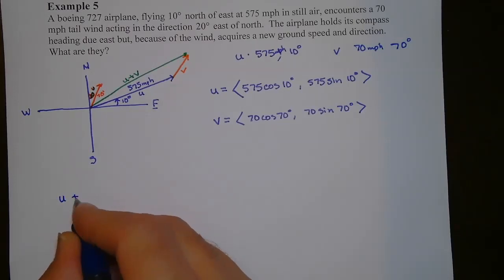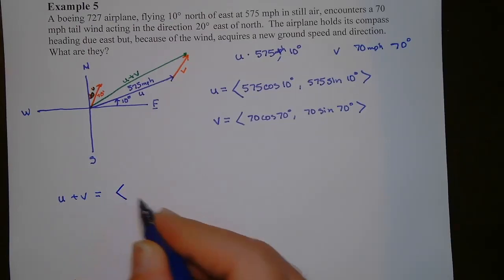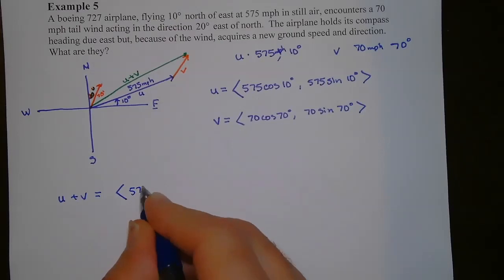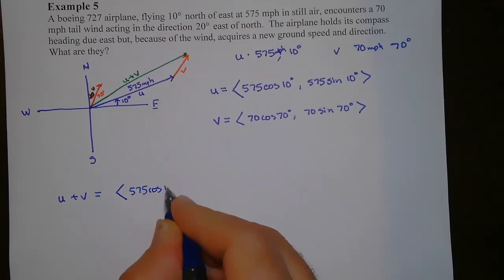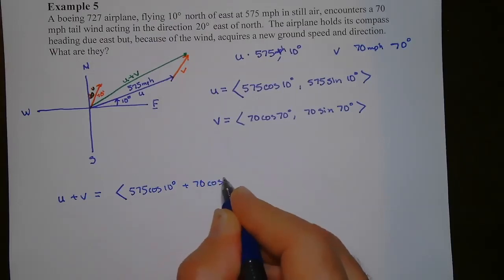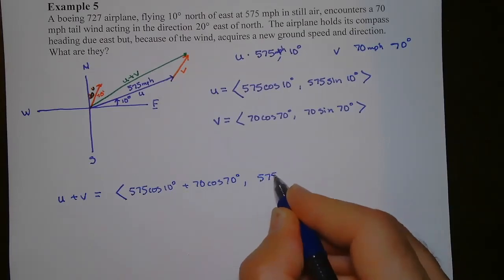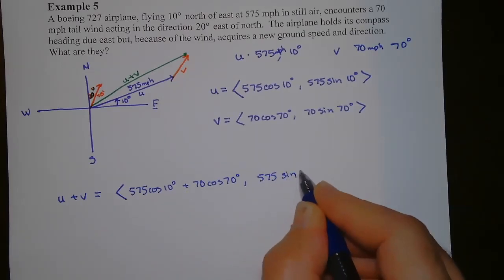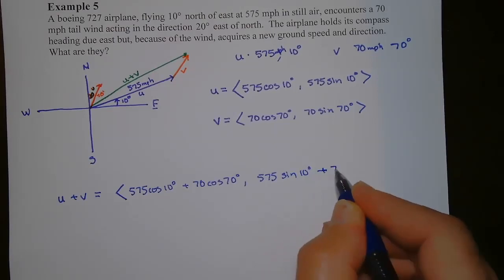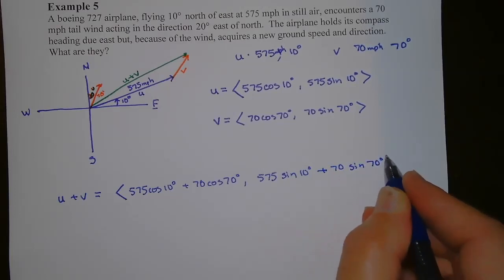So U plus V would equal, and it would just be this component plus this one. So 575 cosine of 10 degrees plus 70 cosine of 70 degrees, comma, and then 575 sine of 10 degrees plus 70 sine of 70 degrees.